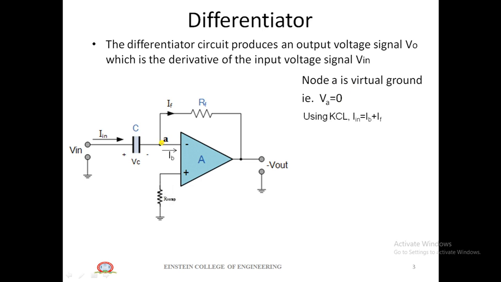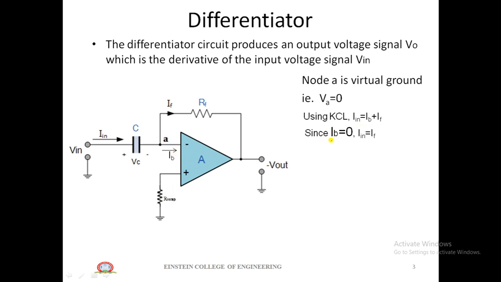Using Kirchhoff's current law, you can write the equation I in is equal to IB plus IF. For an ideal operational amplifier, the current flowing into the operational amplifier will be 0.